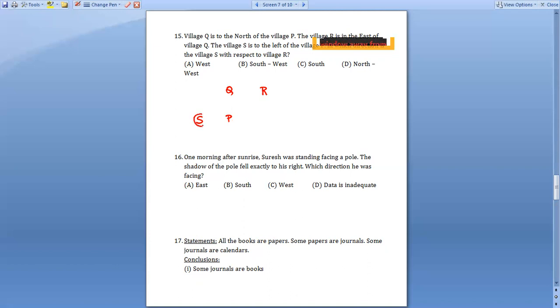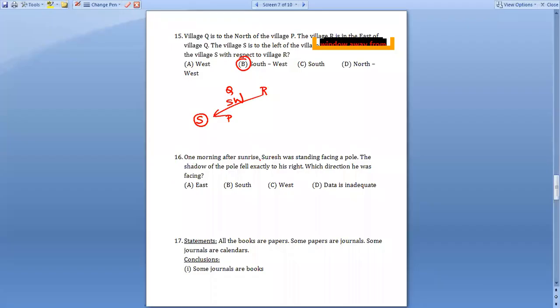So village S is towards southwest with respect to village R. So it is option B, southwest. Done. So this was quick.